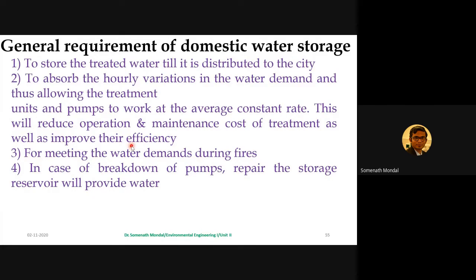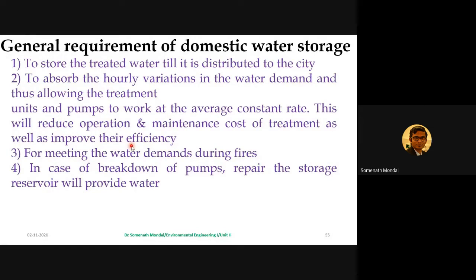Now, these are very important points which we should remember. The second point is really, really important. That's the main purpose of domestic water storage. You have a certain capacity of your treatment plants, you have a certain capacity of your pipe mains, but if you need higher demand for a particular period of time and you need more discharge to satisfy that, then in order to avoid that, storage has been facilitated and you just store that clean water.